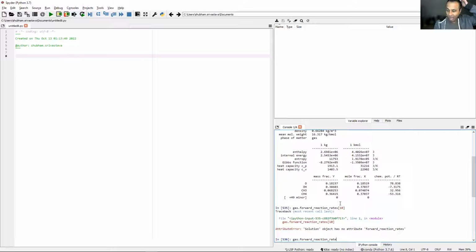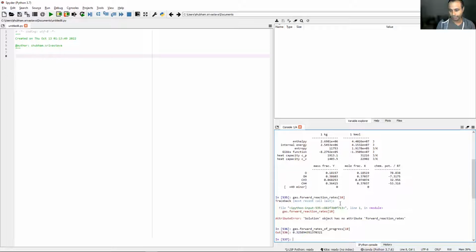There's no attribute. Oh, I'm sorry. It's called forward_rates_of_progress. My bad. Rates of progress, and we give the index of the reaction, which is 10. So basically, this is the name of the function to calculate the forward reaction rate, and similarly for the reverse reaction rate, it is reverse_rates_of_progress.